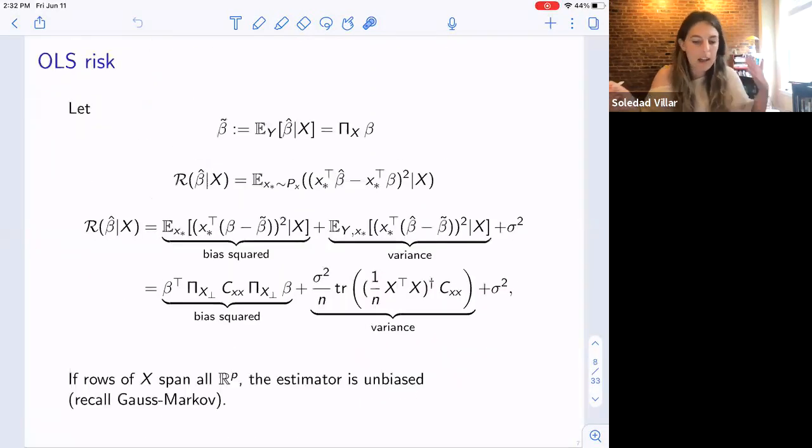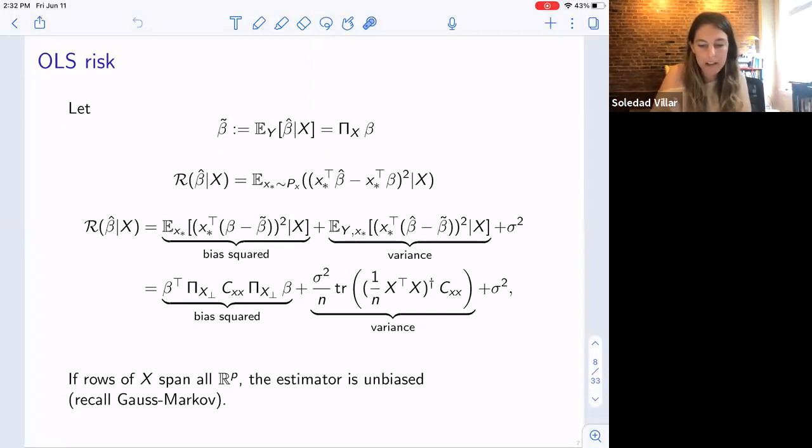This is the classical computation you may have seen in a statistics course, where you add and subtract the expected value of your estimator given your data, and split your risk into the bias squared and the variance.